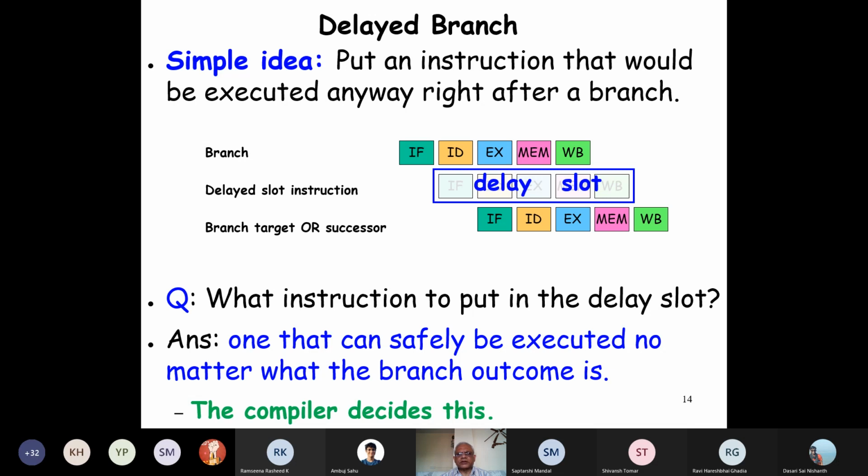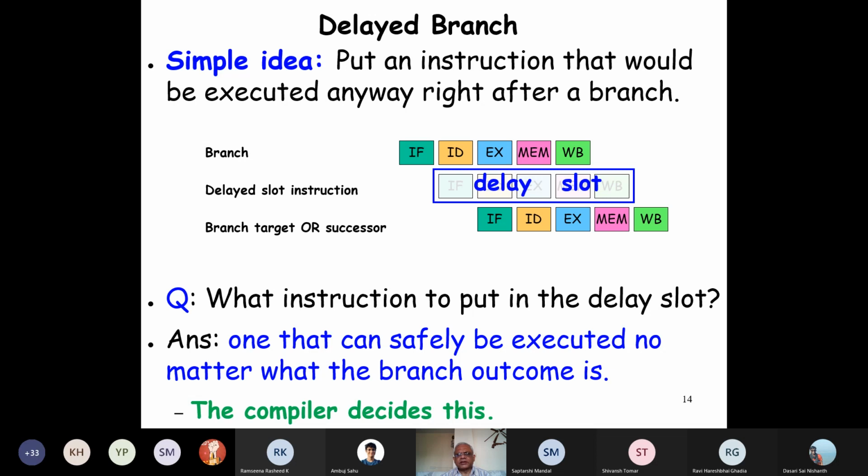we put some instruction. We rearrange the code, and some instruction before the branch, we just transfer it to the delay slot. And maybe some instruction much below, which will anyway get executed. See, the instructions before the branch will anyway be executed, and therefore we will put them in the delay slot here.